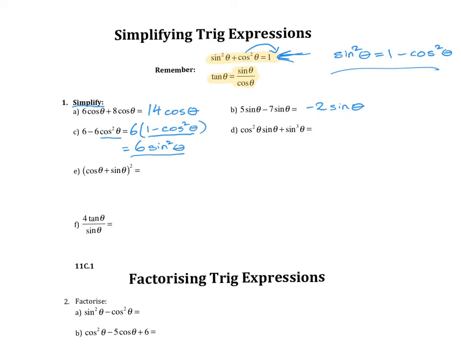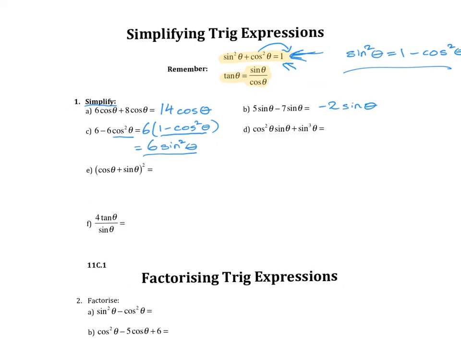We've got a lot of squares here and a cubed. So again, that's a hint to me that I'm going to use this first identity. Now I'm thinking, if I take sine theta out, because I notice sine theta is in both terms, this term and this term. So let's see what happens when we take sine theta out, see if we recognize anything.